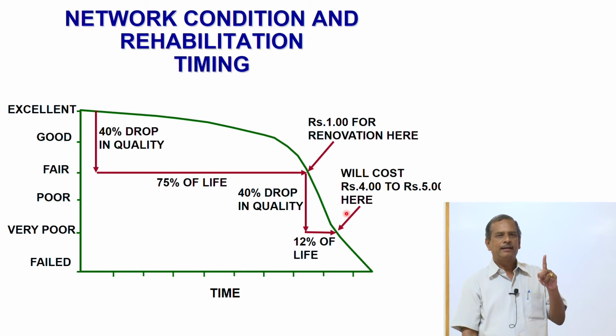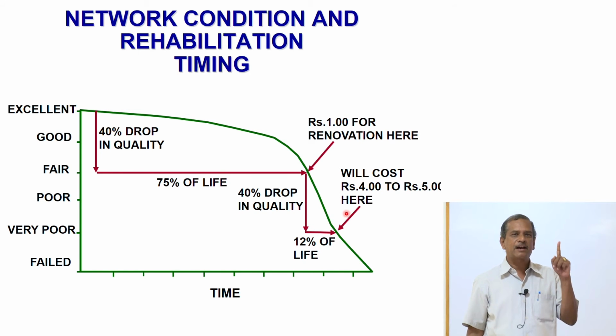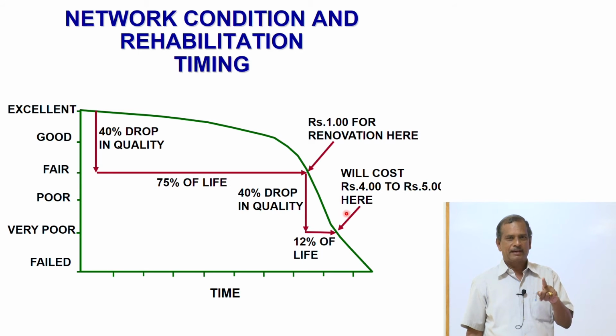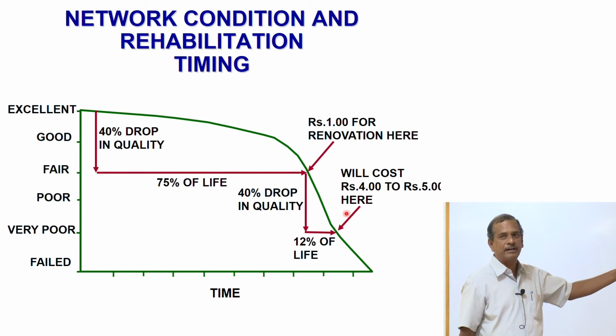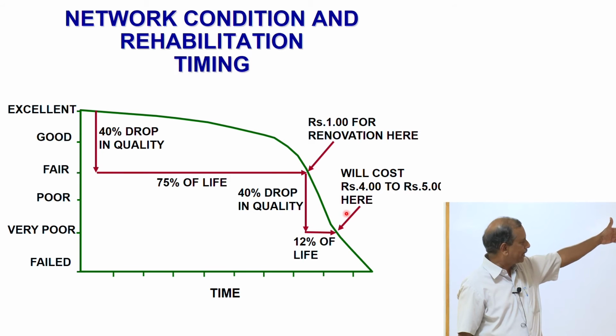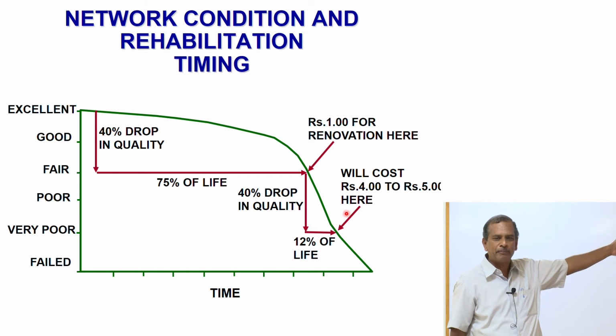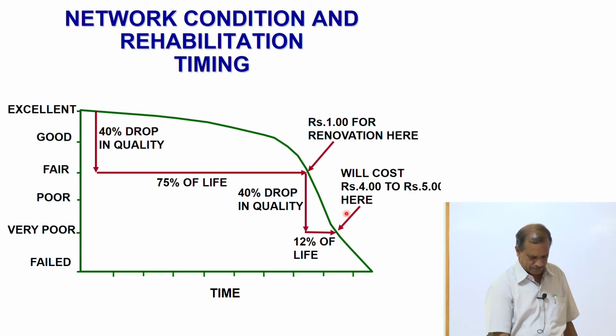Number one, I am increasing the cost of maintenance by delaying. Number two, I am increasing the thickness of bituminous layer by delaying. Number three, I am requiring more material for maintenance if I delay. So, a stitch in time will save 9. This is how a pavement deterioration takes place, and if you do it early, the cost of maintenance will be maybe 1 rupee, and the more you delay, the cost will go up to 4 to 5 rupees.